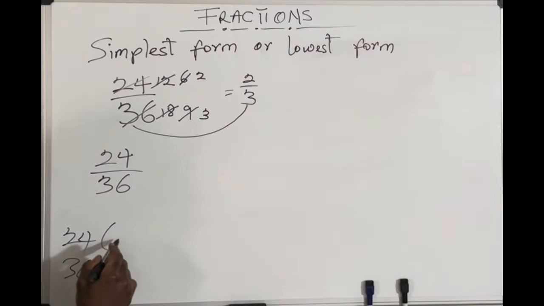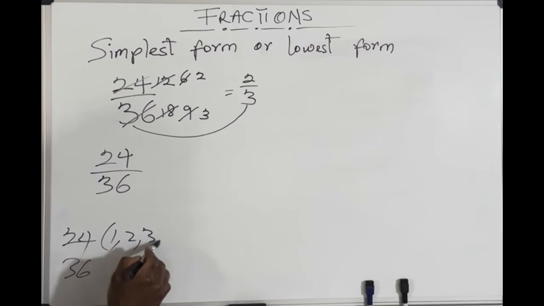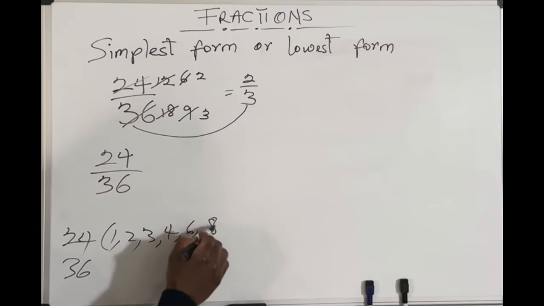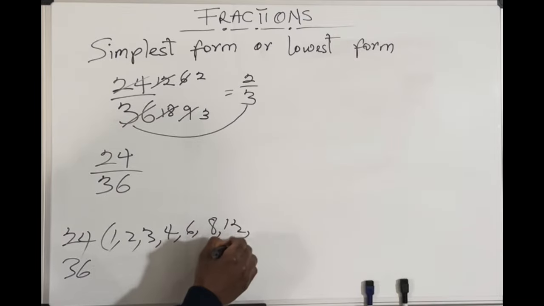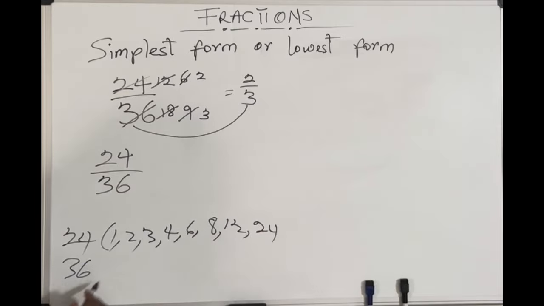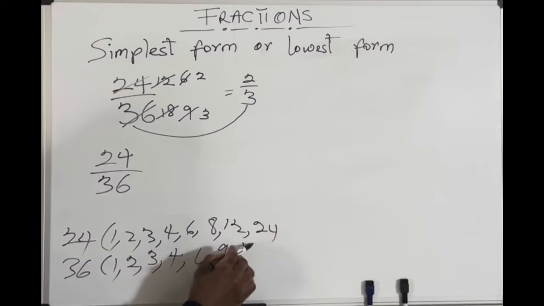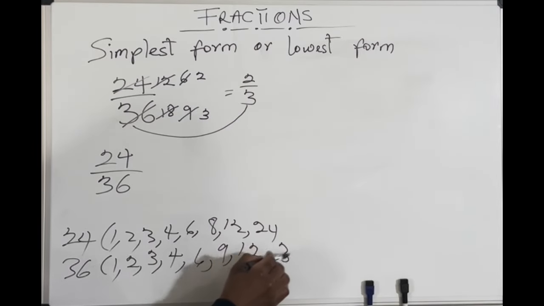The factors of 24 are 1, 2, 3, 4, 6, 8, 12, and 24. And the factors of 36 are 1, 2, 3, 4, 6, 9, 12, 18, and 36.